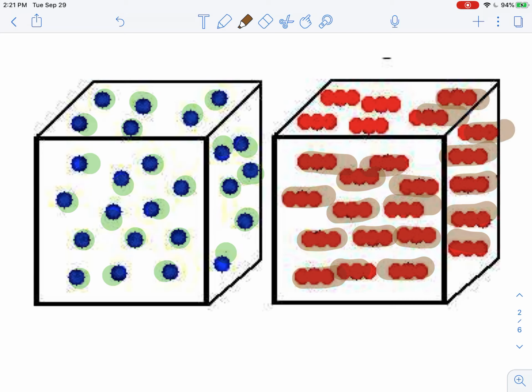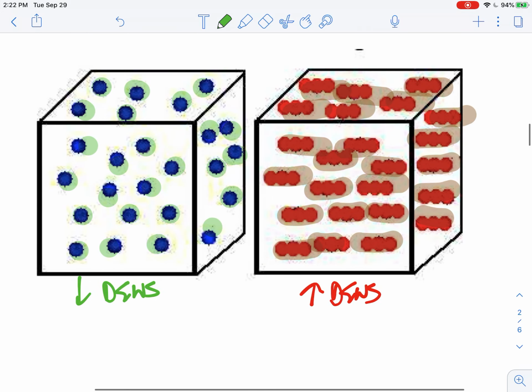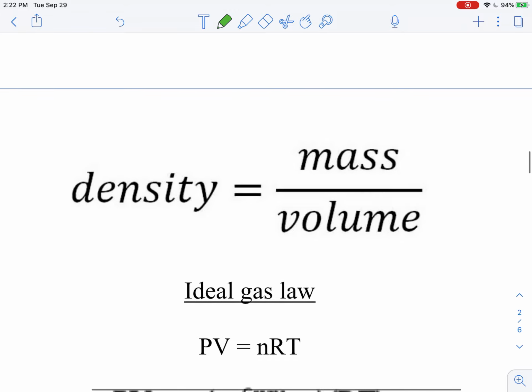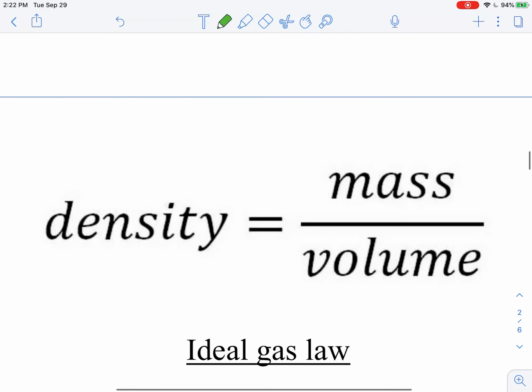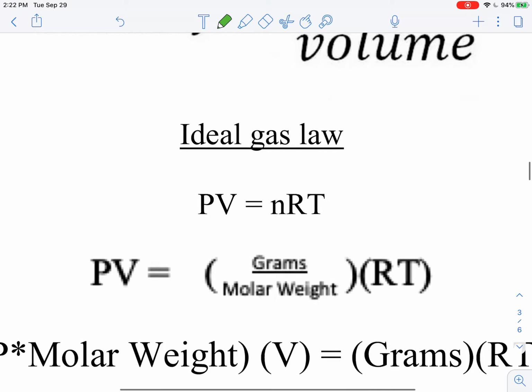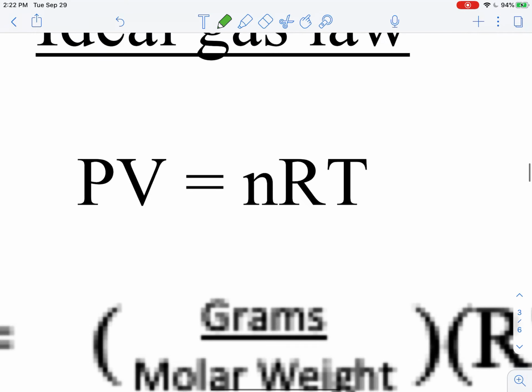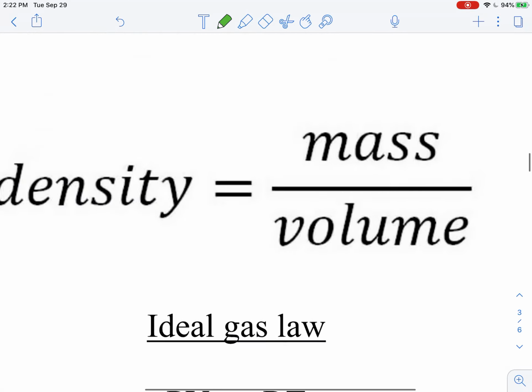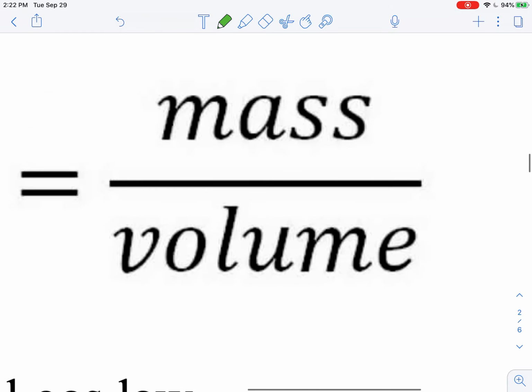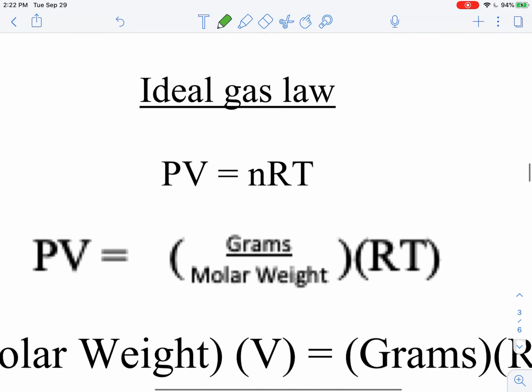Even if you have the identical number of pieces in each of those boxes, it's pretty clear that this guy over here in red is going to be at a higher density, and this guy over here in blue-green is going to be a lower density because of the size and the mass of the molecules. So basically we have to recognize that density is the mass per volume, and we're going to manipulate the ideal gas law, PV equals nRT, until we can get mass per volume. And then we're going to find that it has all those other factors involved.